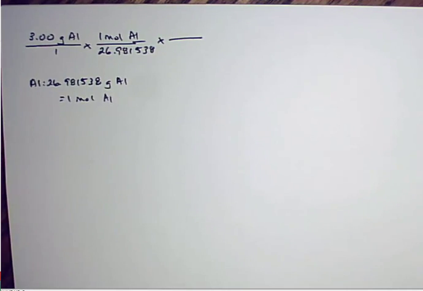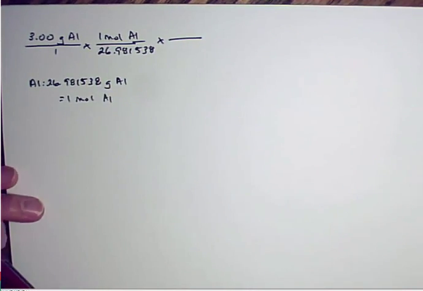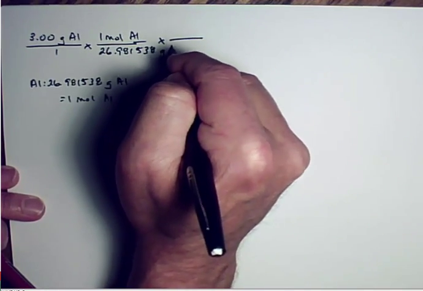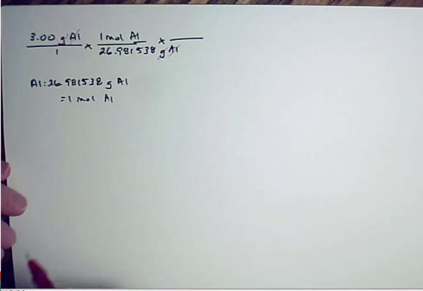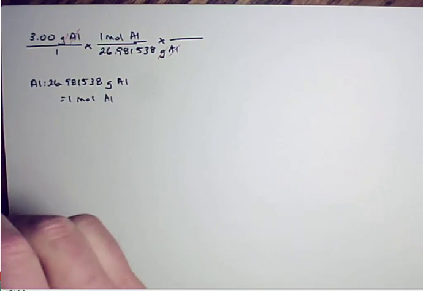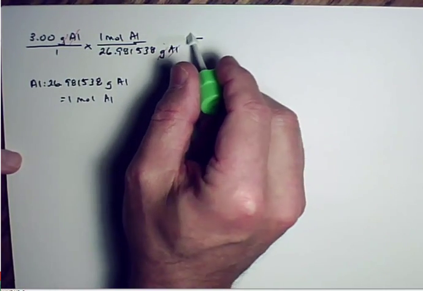All right, so we're going to cancel out. I haven't put grams of aluminum on the bottom here yet. Those cancel out. All right, now we need to go to the balanced equation. Let me move this fraction down just a little bit to make it look better for us.